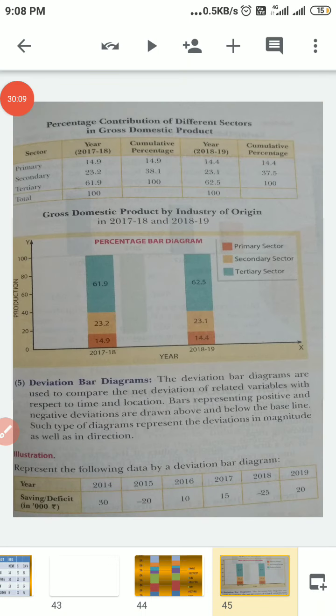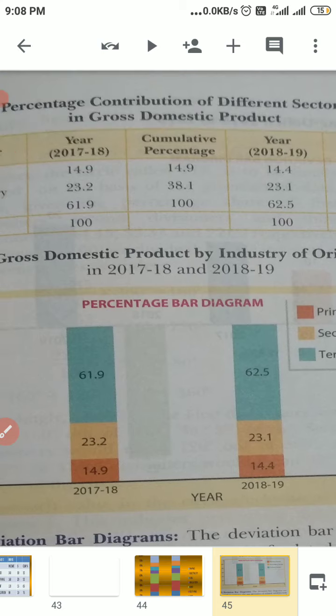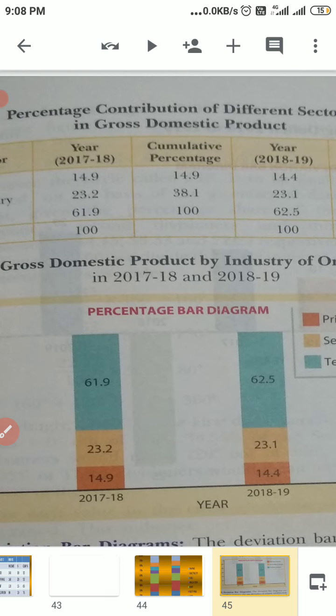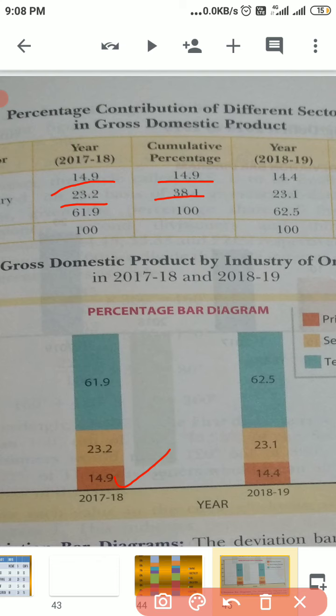You can see another example also. The data has been given and the cumulative percentage has been taken by adding one value after another. You can see here 14.9 plus 23 is equal to 38.1. Now 14.9, then 23.2, likewise you can show the total bar, its height will be equal to 100.